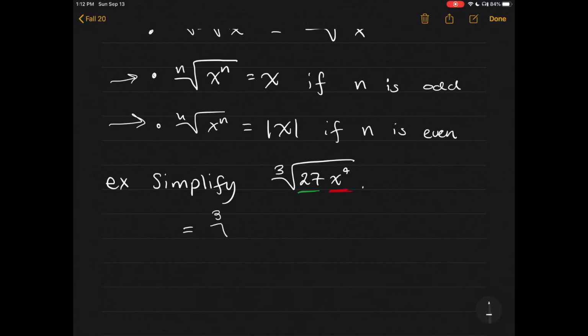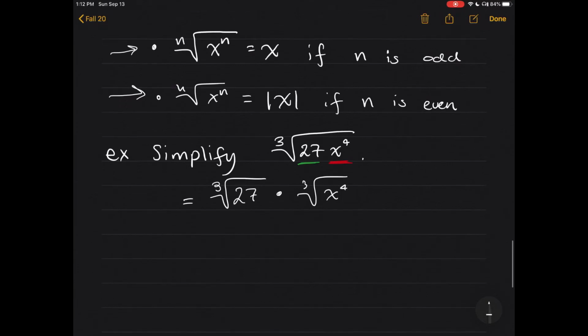So I'm going to do the third root of 27 times the cube root of x to the fourth. If you note, 27 is 9 times 3, and 9 is just 3 times 3, and then times 3 again. So it's 3 to the third power.